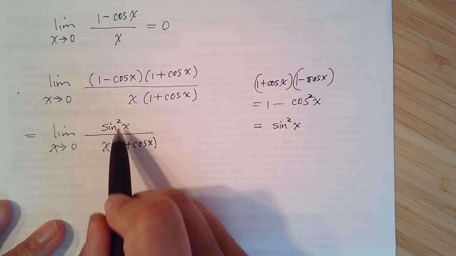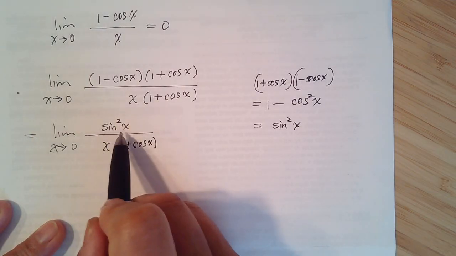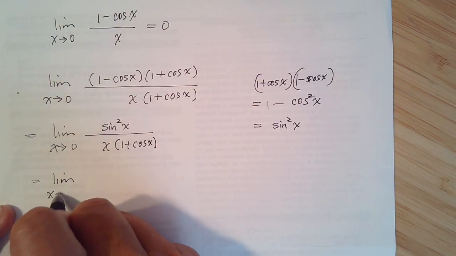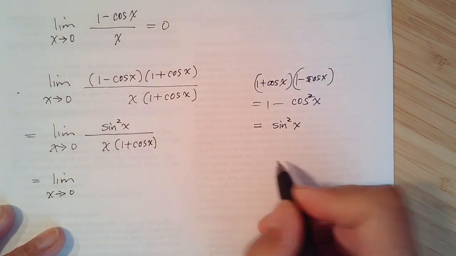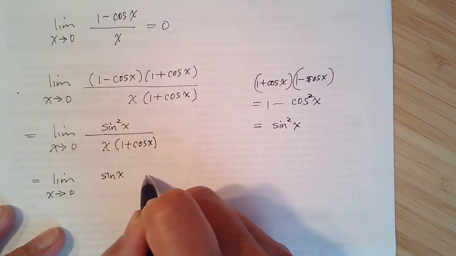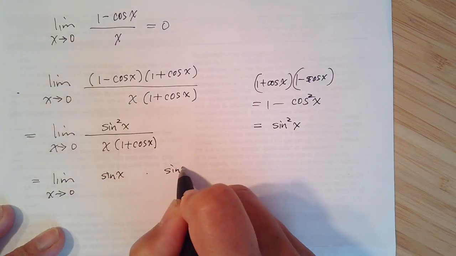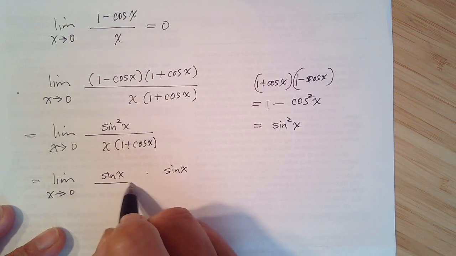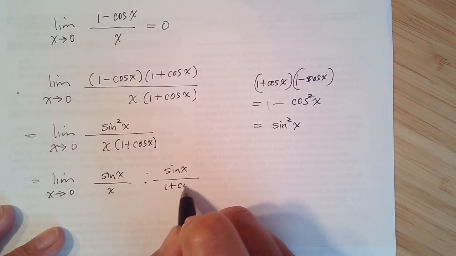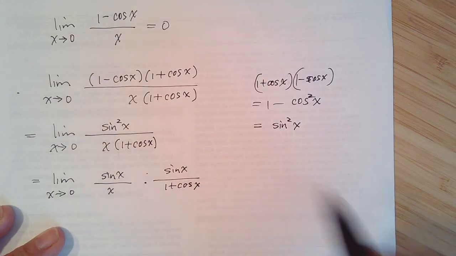Oh, it reminds me of something, because we have some sine x over x. So that would be the limit as x approaches 0. This sine squared x is just sine x and sine x, isn't it? It's just multiplication. And then the bottom here is an x, and here's 1 plus cosine x.